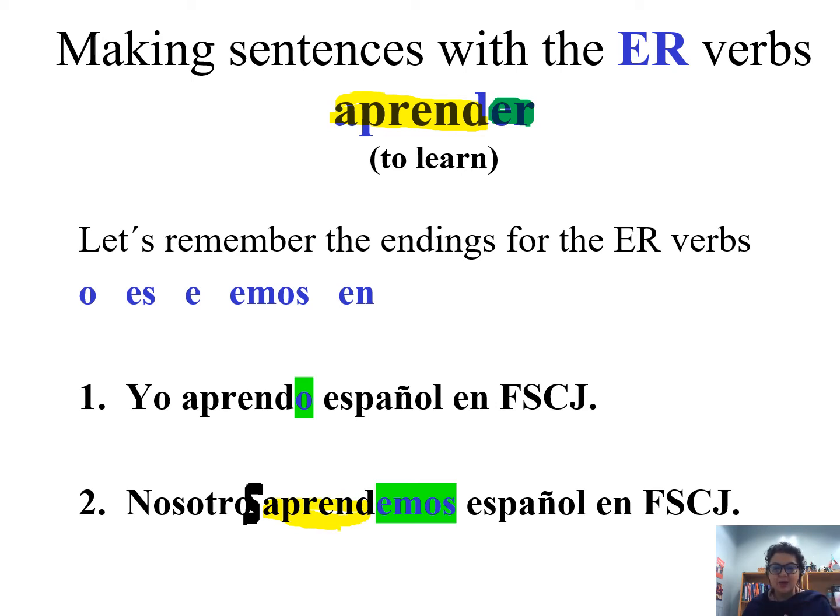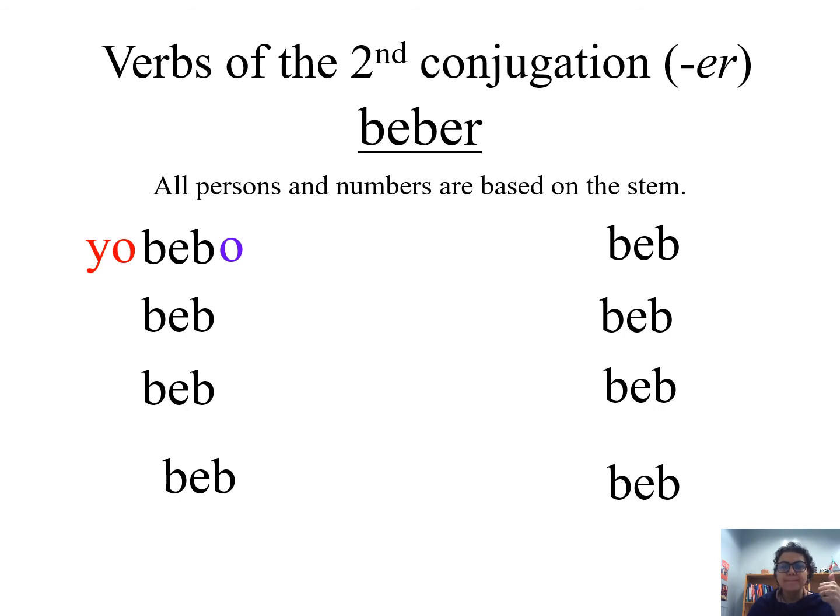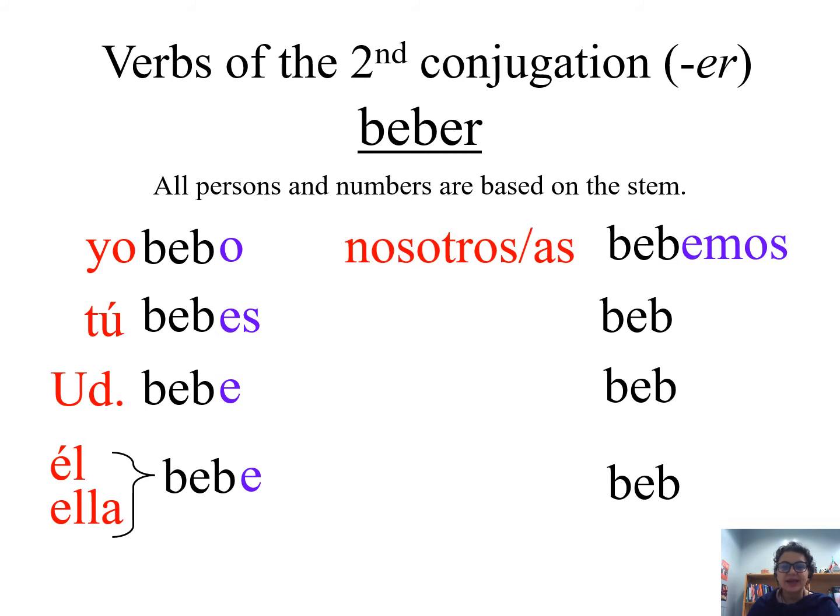Remember, I as O, you as S, he, she. How do you say he, she? Él, ella, and you formal, usted, es. So we always need to remember how to conjugate this verb. For example, beber, to drink. Yo bebo, tú bebes, usted, él, ella bebe, nosotros, nosotras bebemos, vosotros and vosotras, which means you, everyone, vosotros is bebéis.